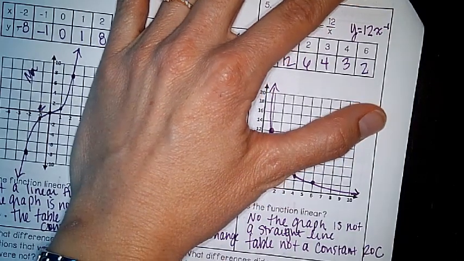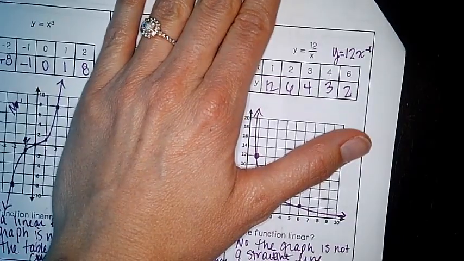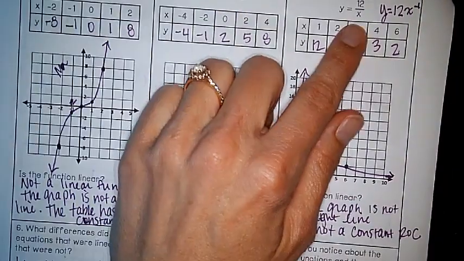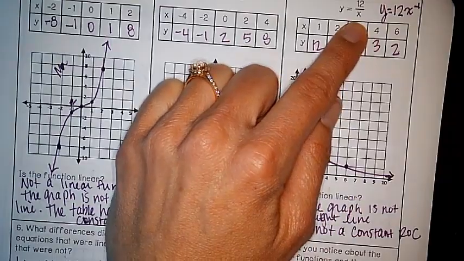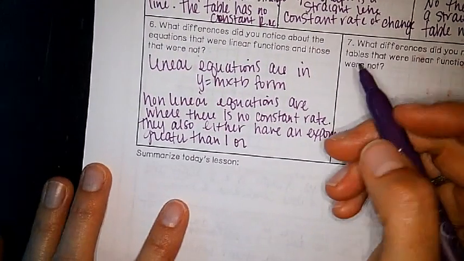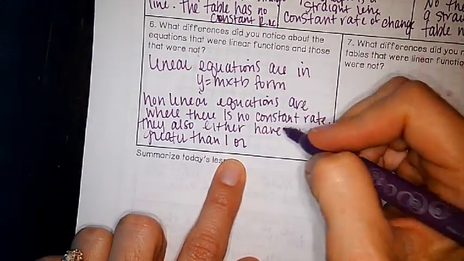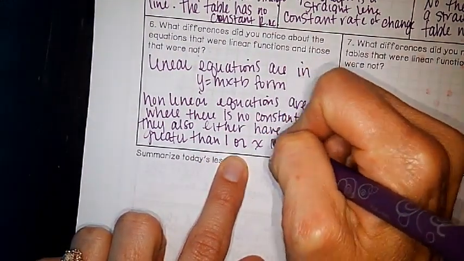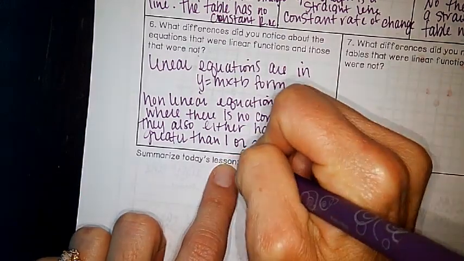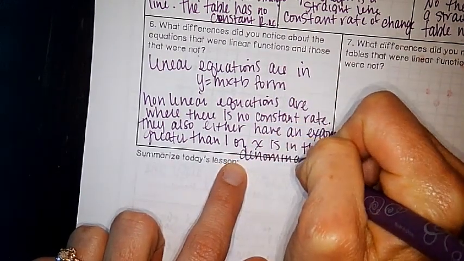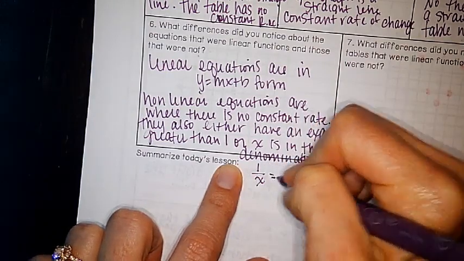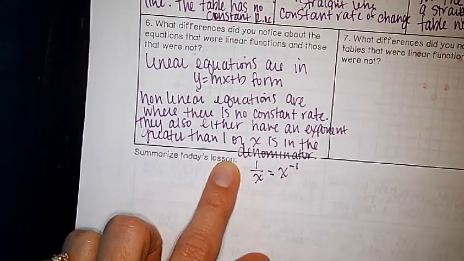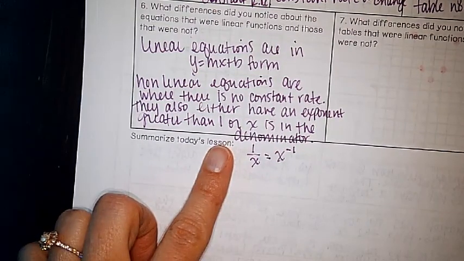Okay, so if x is in the denominator, it's also not a function because one over x is the same thing as x to the negative first power, which also means that your exponent is not a 1. Is it? It's a negative 1.